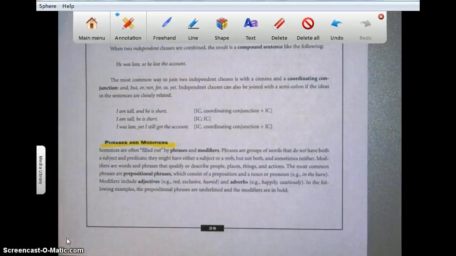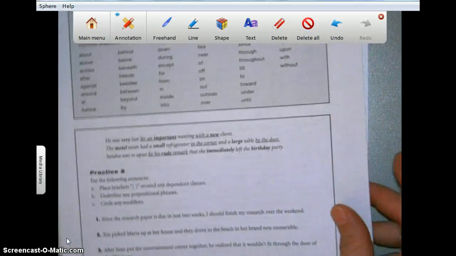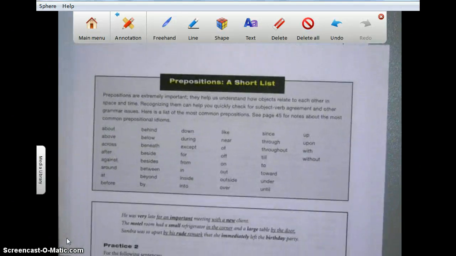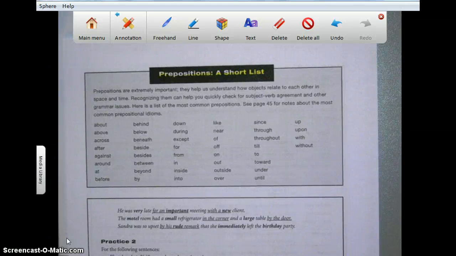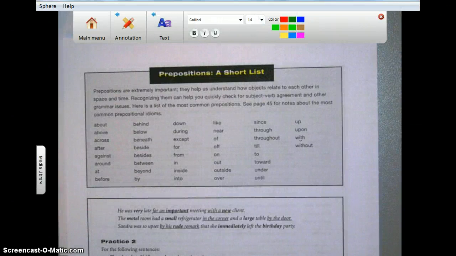Prepositional phrases tell where something happened. Here is a short list of prepositions. That's not all of them, but as you can see, a majority of these are going to answer the question where. They're going to somehow answer where something happens, where, when, sometimes how.